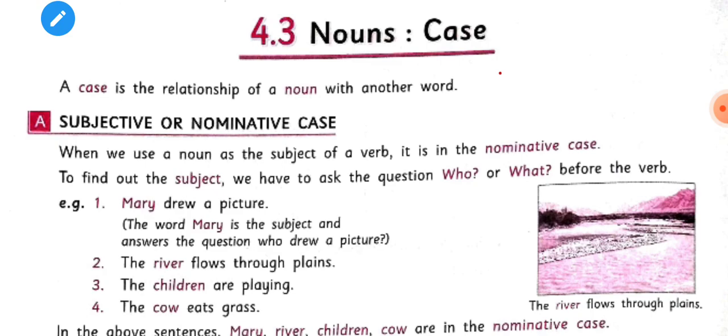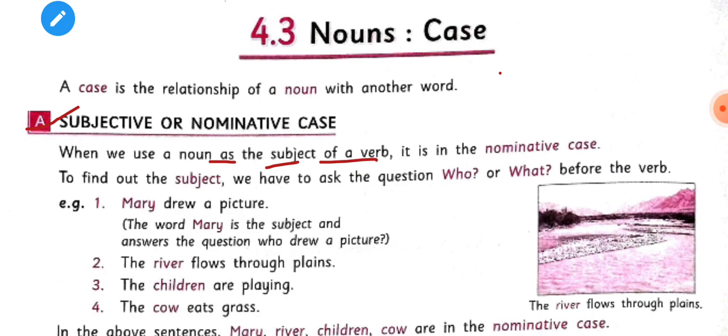First of all, we will learn about the subjective or nominative case. What is the subjective case? Remember this: when we use a noun as the subject of a verb, it is the nominative case.